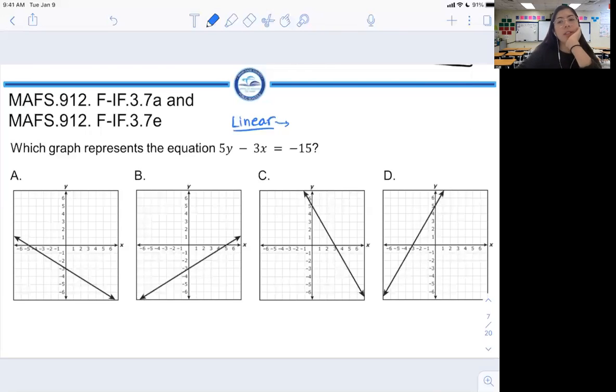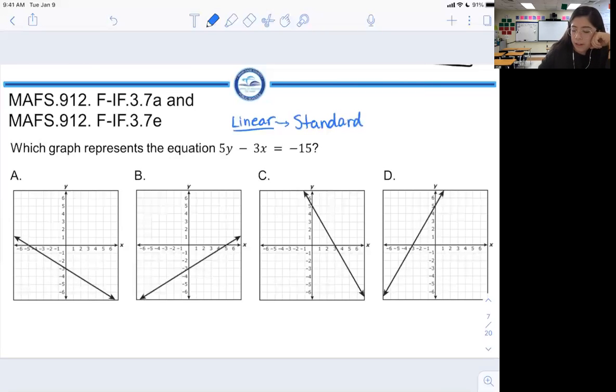We already know it's linear, so it's not quadratic, but what form is it in? There's 3 different forms when you're talking about linear functions. Thank you, Emily. This is standard form.